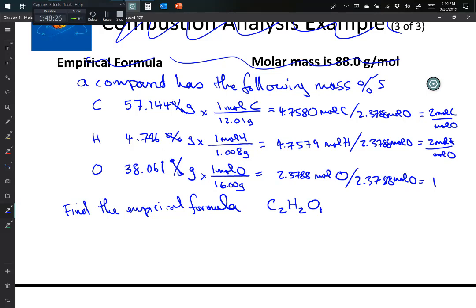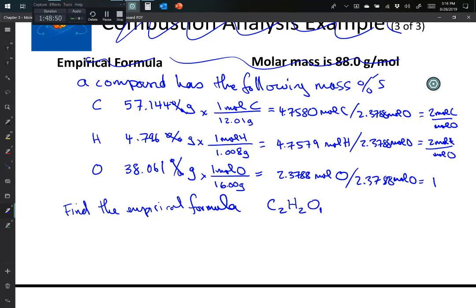So a couple of things different about this example, as I realized as I'm looking back through the examples in my head. This had 3 elements, right? The previous hydrogen combustion one did too. Still, you divide by the smallest. And when you have percentages, assume you have 100 grams, replace the percent with grams and go from there. The exact same kind of problem.